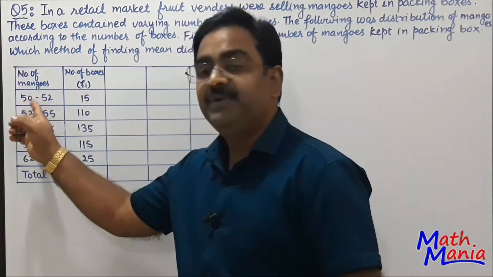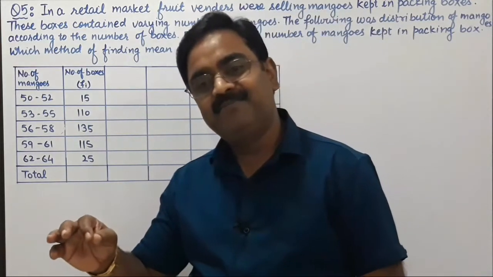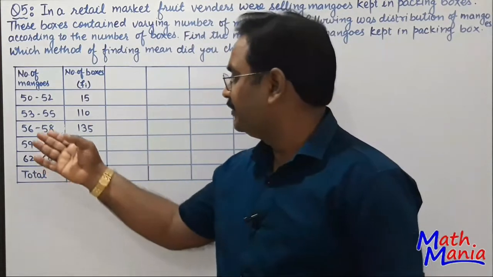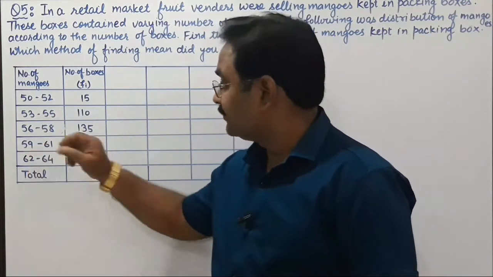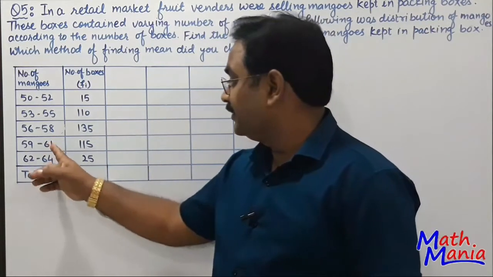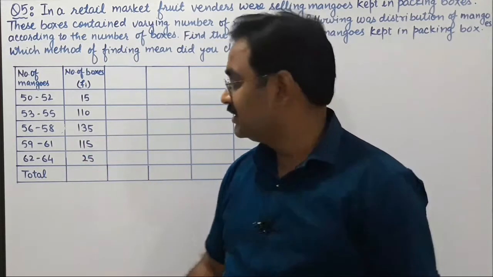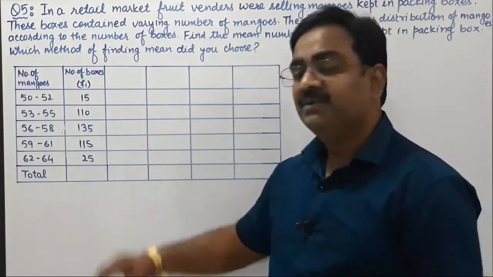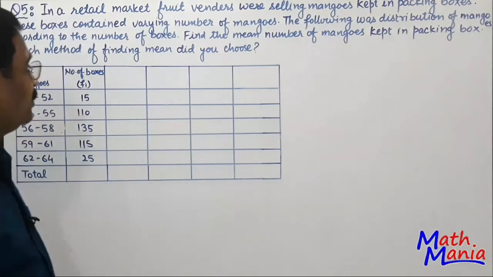Then 53 to 55 mangoes are in 110 boxes, 56 to 58 in 135 boxes, 59 to 61 mangoes are kept in 115 boxes, and 62 to 64 mangoes are kept in 25 boxes. First of all, we need to find the total number of boxes.